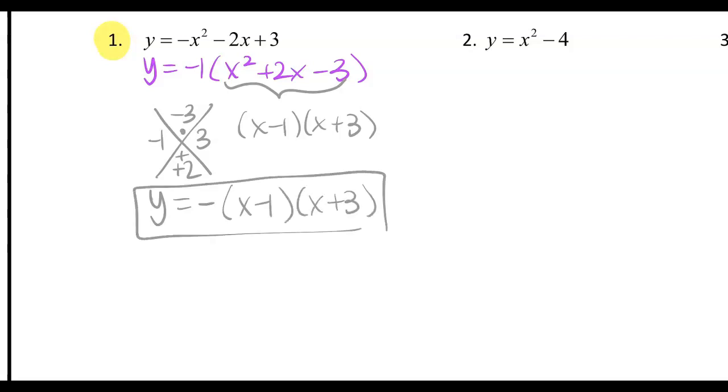That would be your answer. So if I ask you to write it in intercept form, it's a fancy way of saying just factor it. At the bottom, I'm going to do question 1, you're going to do question 2, and then we're done.